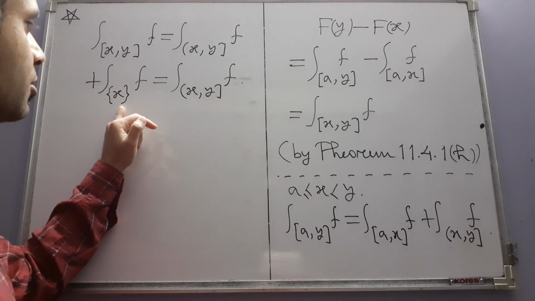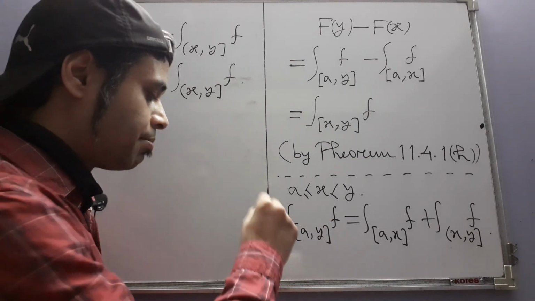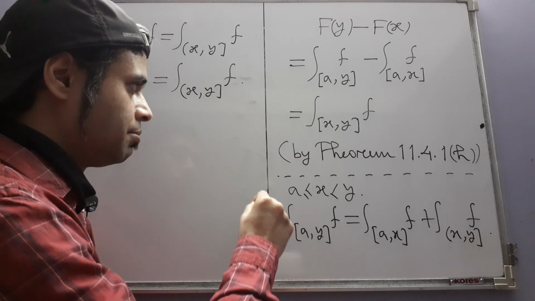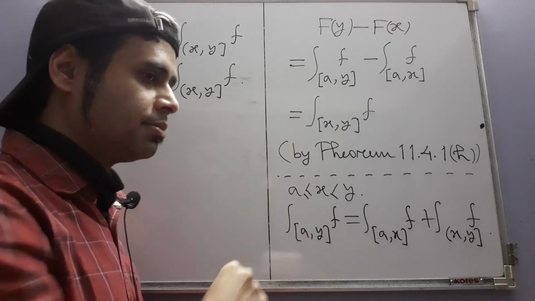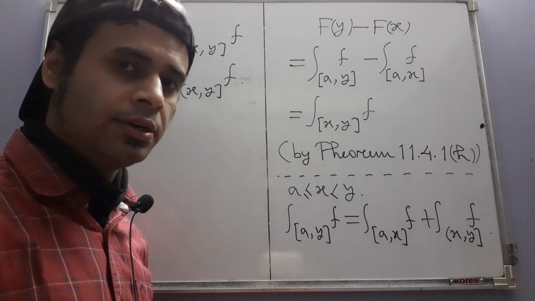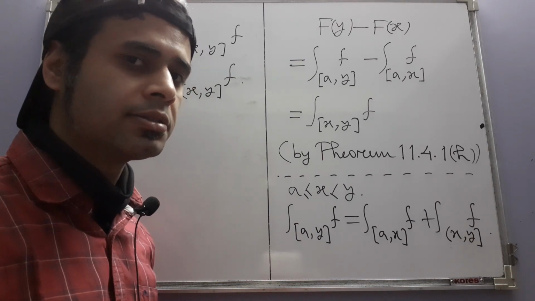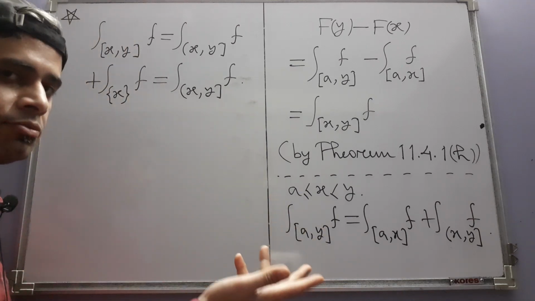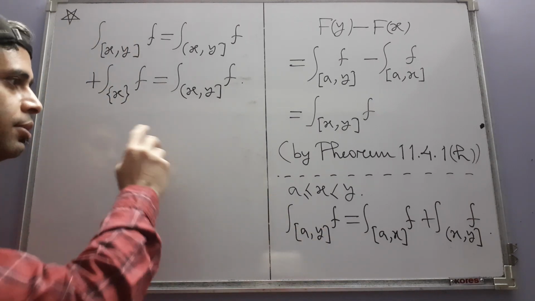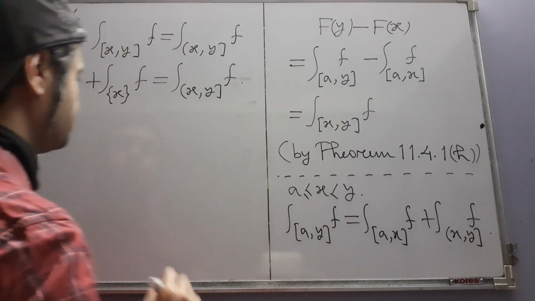What this corresponds to is the area above the point x, below the graph. That means the area of that line segment, which is 0. A line segment has length, but its area is 0. That is why, from that point of view also, this is 0. So that's how we get this. Okay.